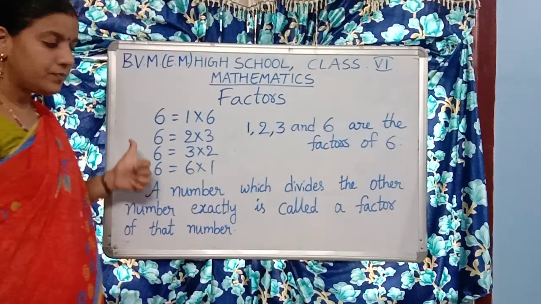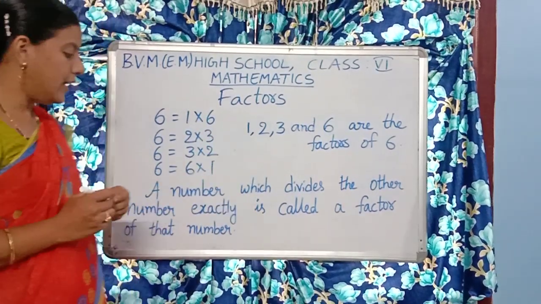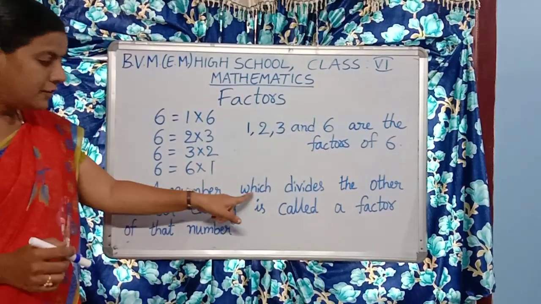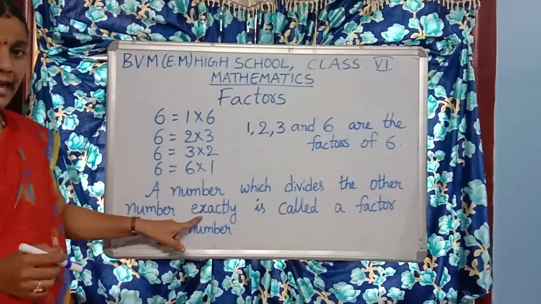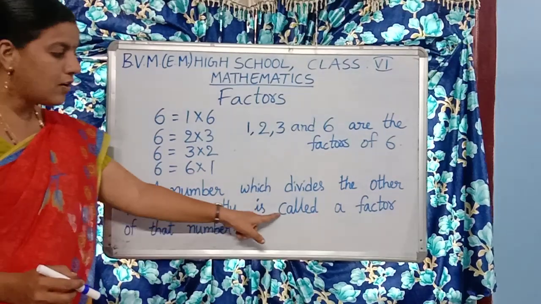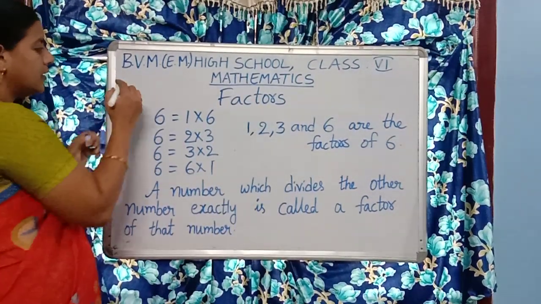Okay children? So, the definition of factor is a number which divides the other number exactly is called a factor of that number. Okay?